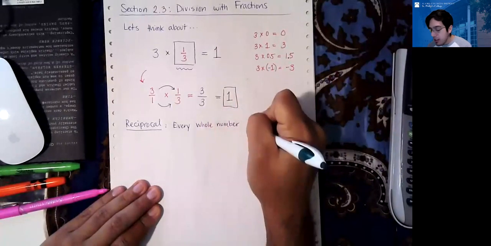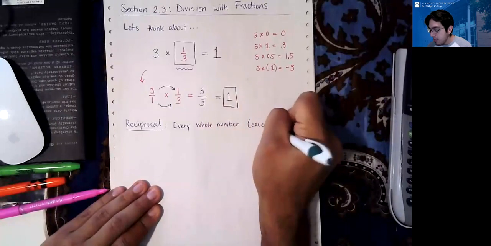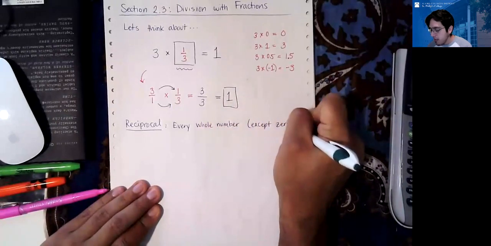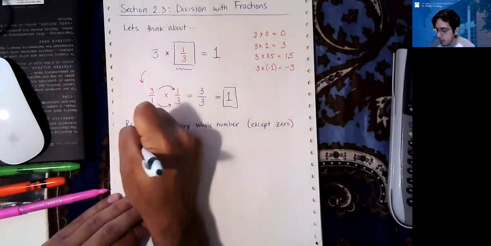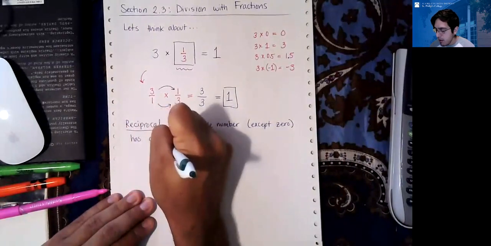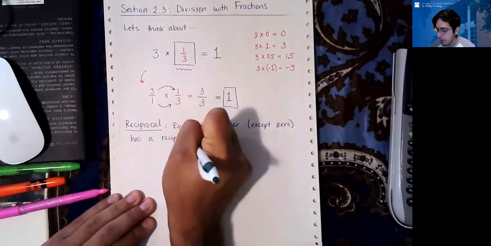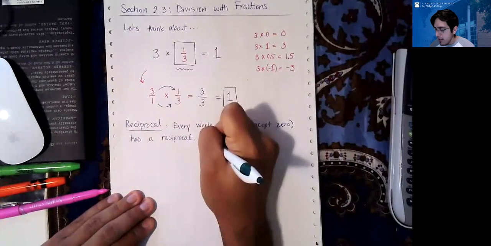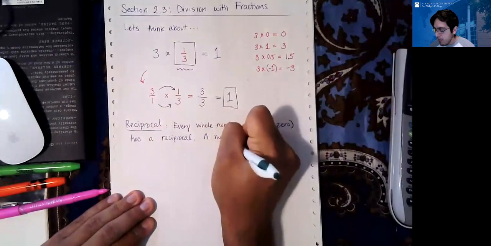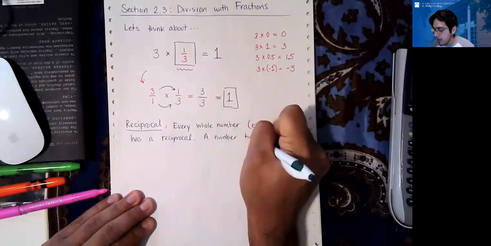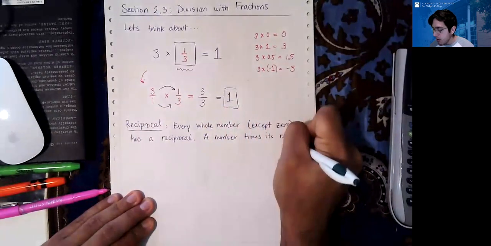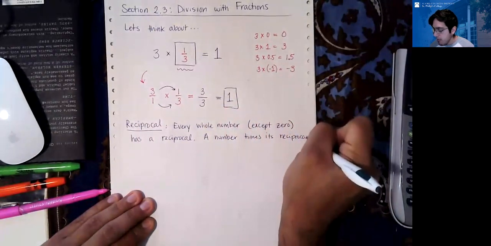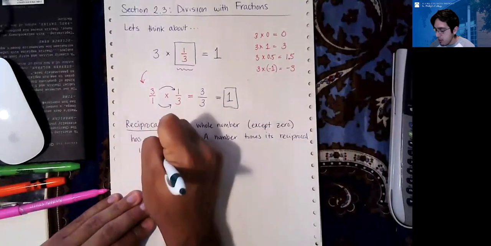Every whole number except for 0 has a reciprocal, and a number times its reciprocal is 1.